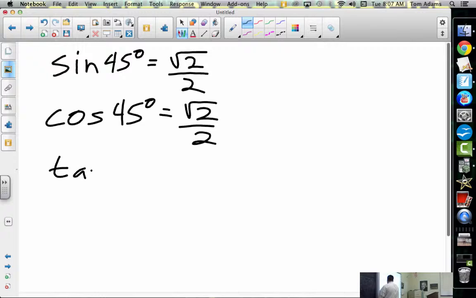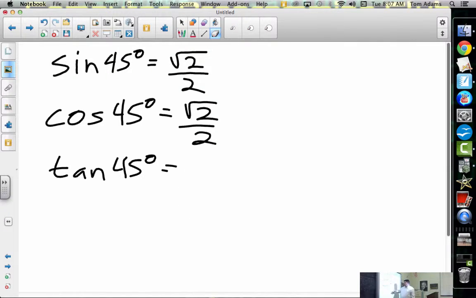And then I said that tangent of 45 degrees is equal to 1 over 1, which is just 1, right? You guys with me? Okay. Now, that's one way to represent it. Those are 3 of the 6 basic trig functions.